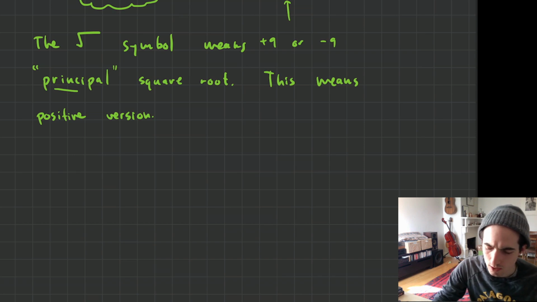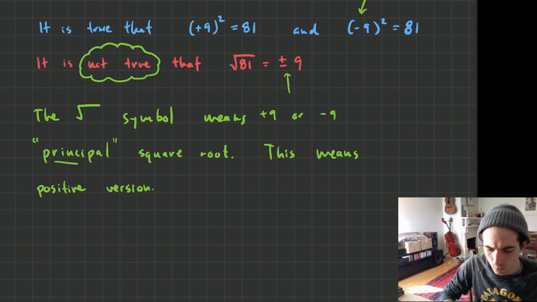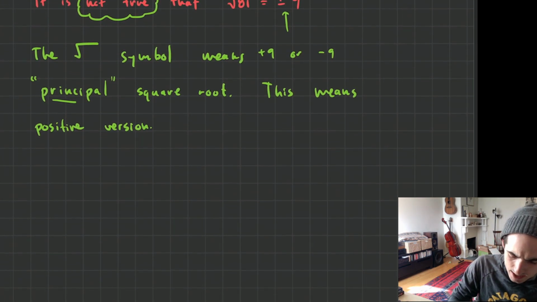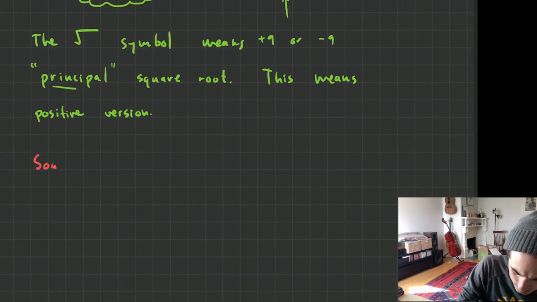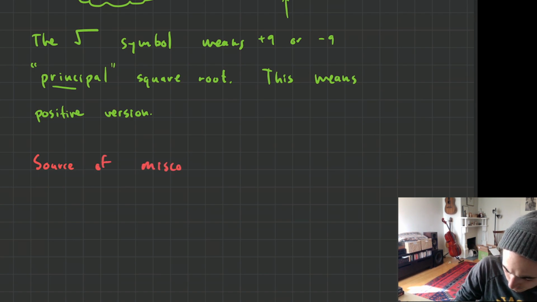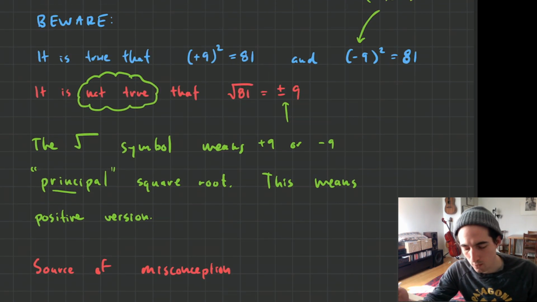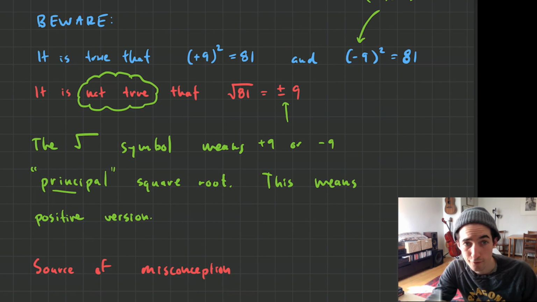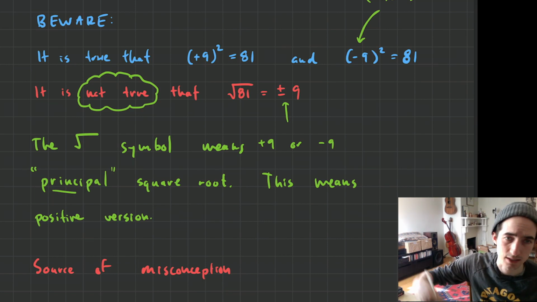Okay, and the reason why this is a misconception, I'll write source of misconception. And by the way, it's not just about the number 81. It's the fact that a lot of people think that when you take the square root of any number, you'll get the positive and negative version of it.